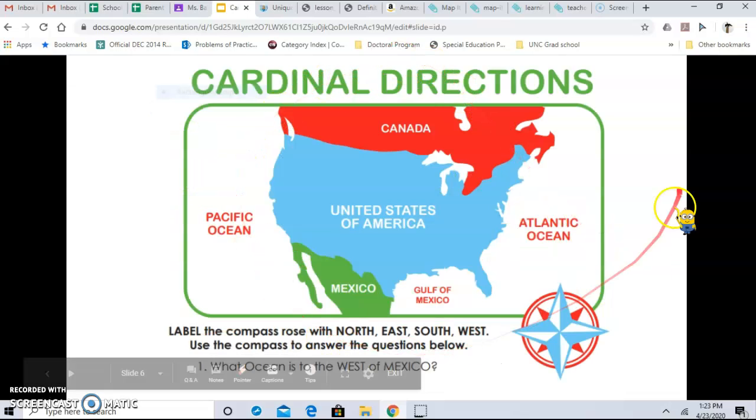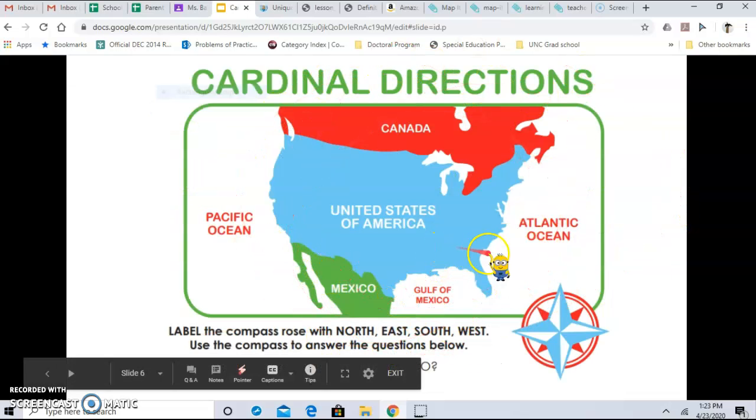All right. So I wanted to go over cardinal directions based on the United States of America. All right, so we have our compass rose, north, south, east, west. That's our compass rose. All right, so here we have the United States of America.